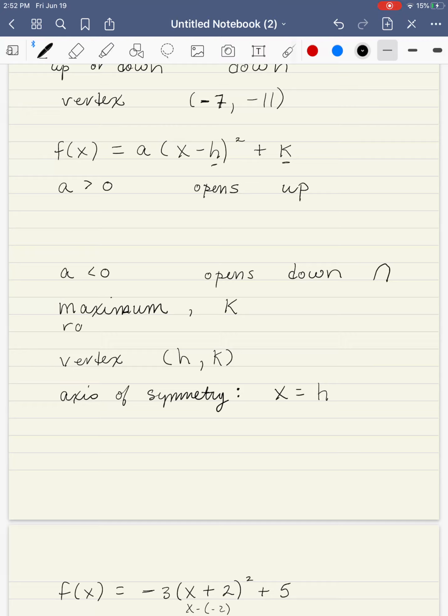My domain is always going to be all real numbers, negative infinity to infinity. But let's think about what our range is going to be. It's going to be coming up from negative infinity to that highest point, that value k, and we're going to include k.